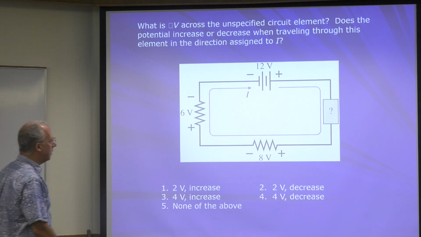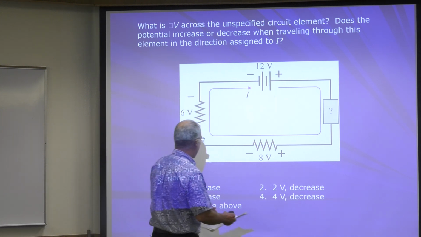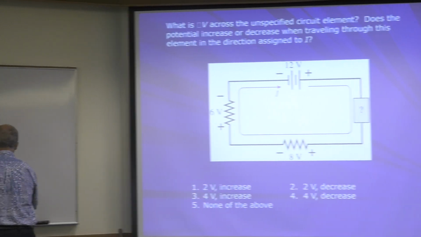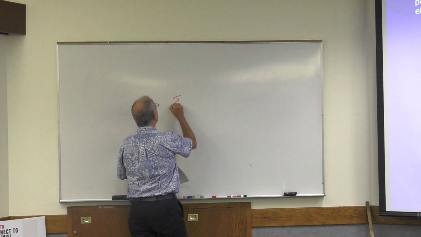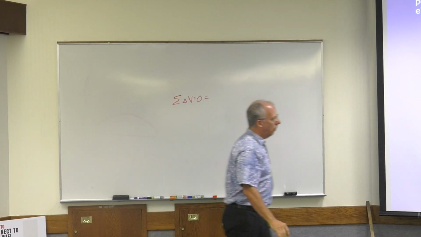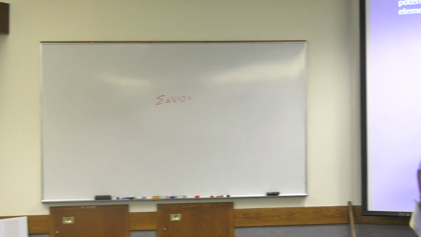Okay, so let's see. Start anywhere, right? Let's start here. So we lose 8. So we have, okay, the sum of the voltages has to be 0, right? So let's just start here for no good reason. So we have minus 8.